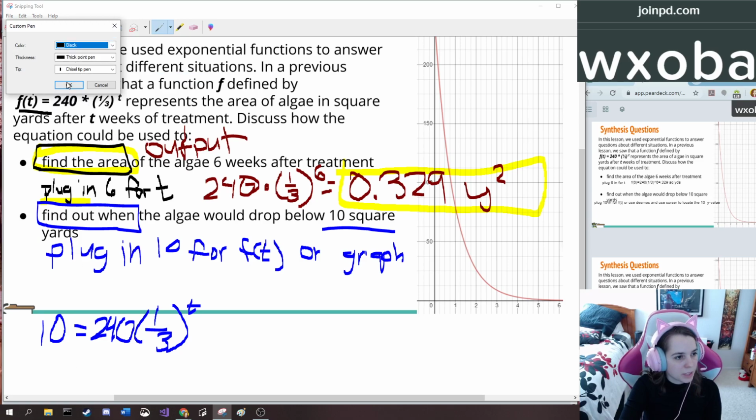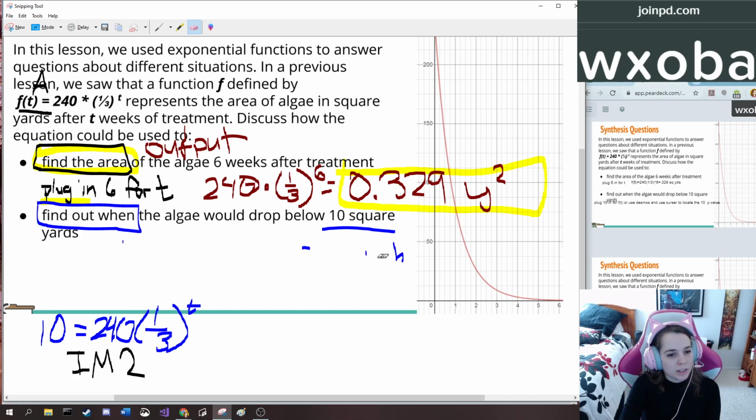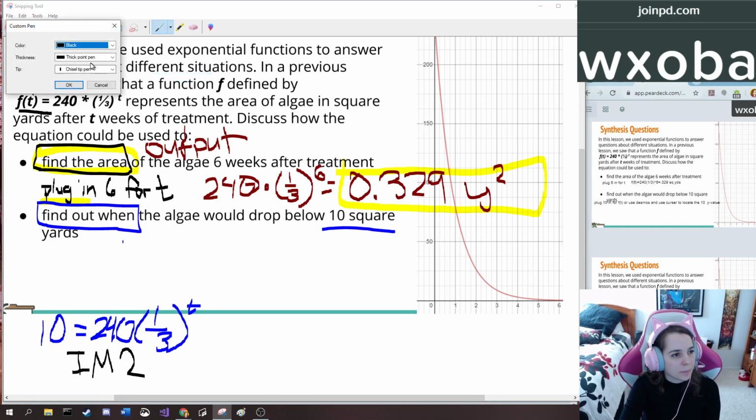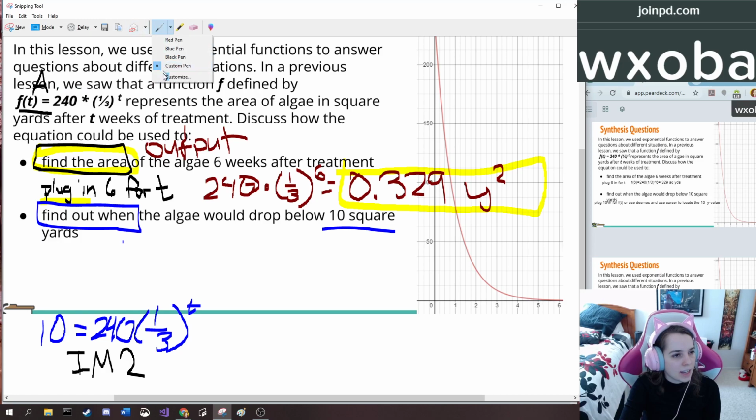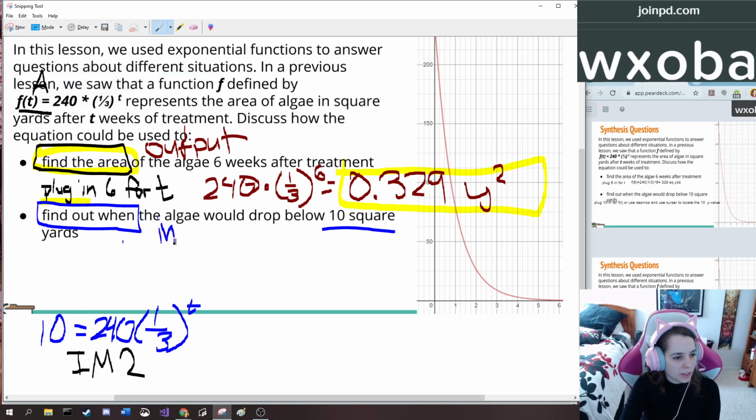You'll learn how to solve this using algebra in IM2. So for IM1 purposes, if you're looking for the input when you're given the output, you're going to have to use the graph.